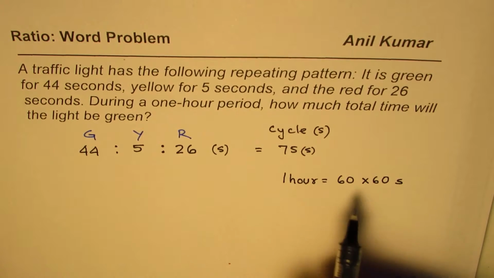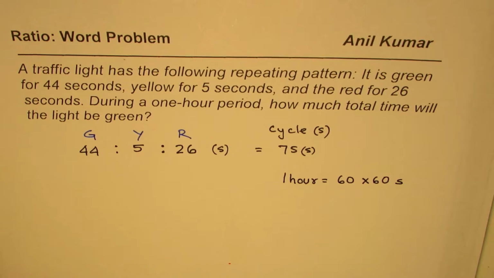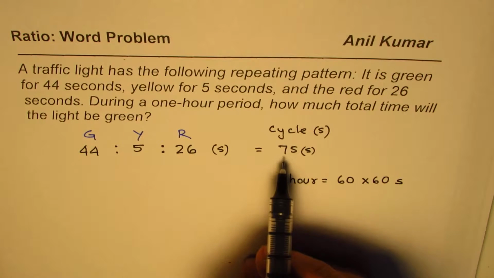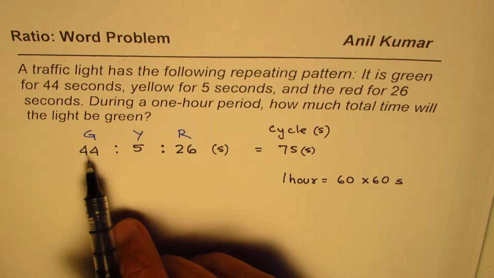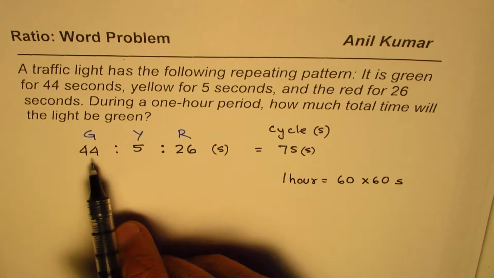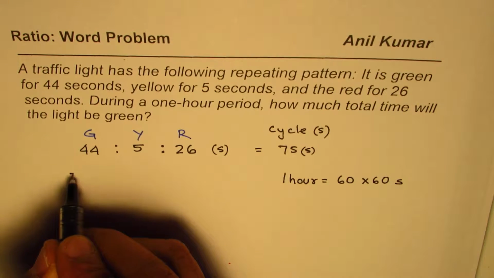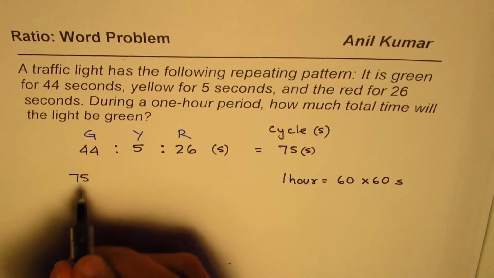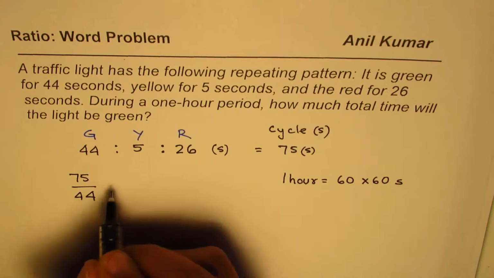In 1 hour, there are 60 times 60 seconds. Now in 75 seconds, it is green for 44 seconds.